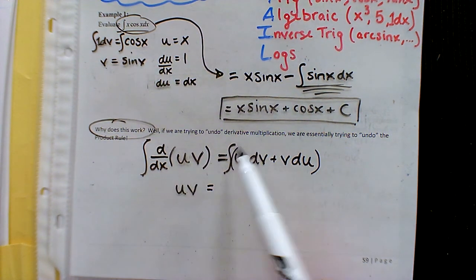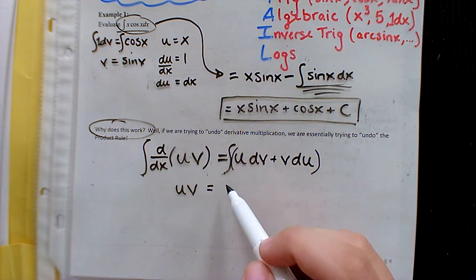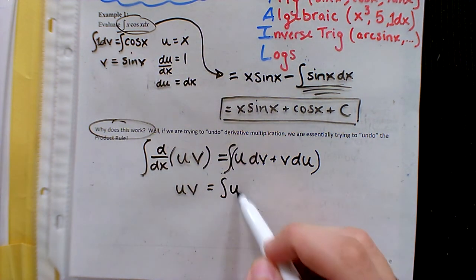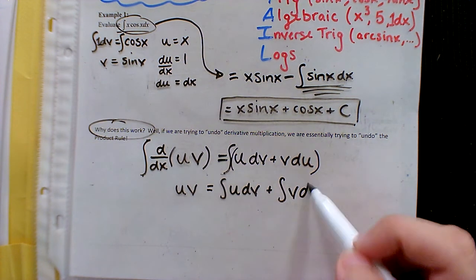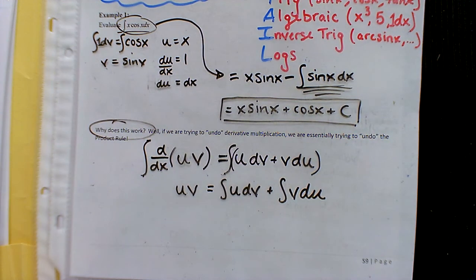On the other side, if you're taking the integral of both of these, you can use a property of integrals very similar to distribution, where you integrate each one individually. Do you kind of see our formula in the box at the top taking shape a little bit? If you take a look in the box, the integral of u dv is solved for.